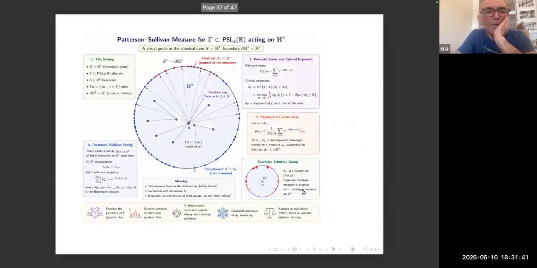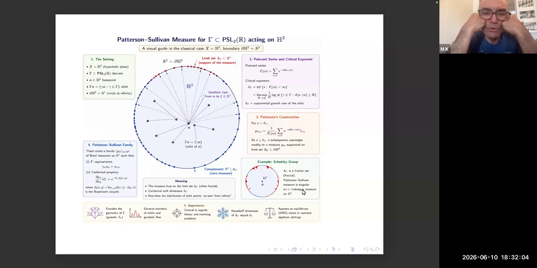Now, one of the things we did, as I said, is this Patterson-Sullivan theory. So I made this picture to explain things. I think this picture explains it much better than words in this case.